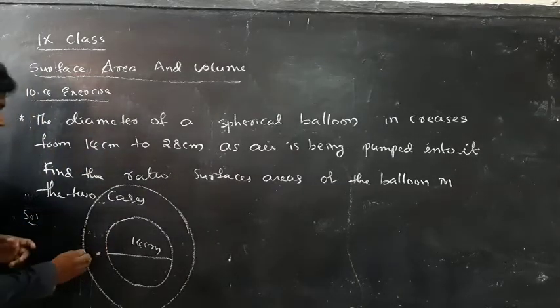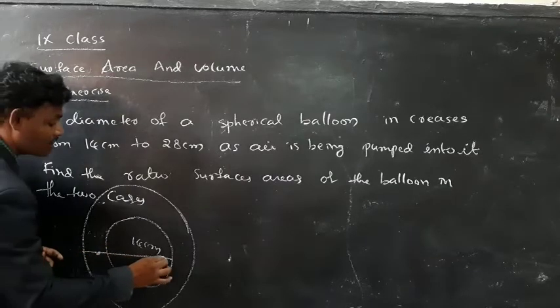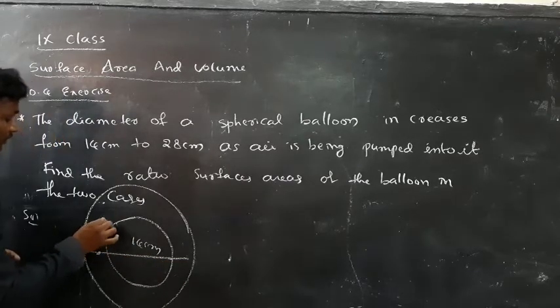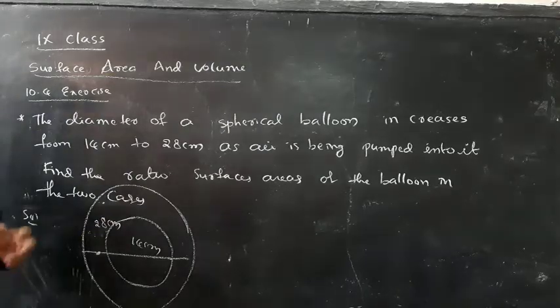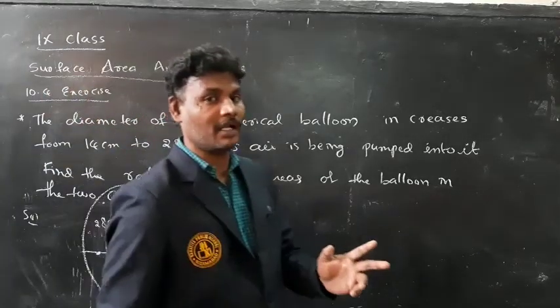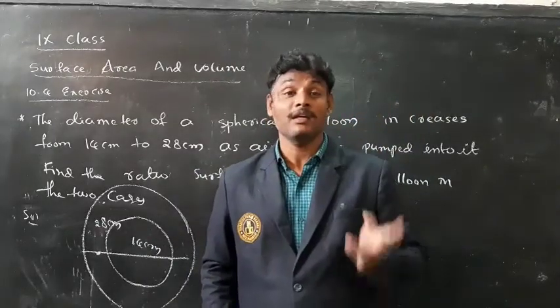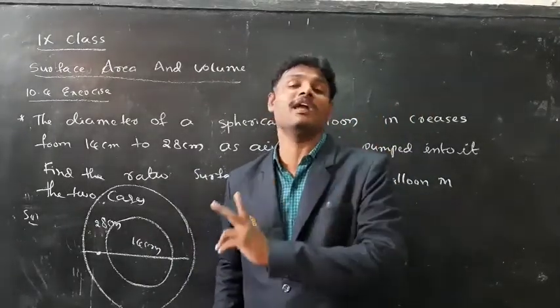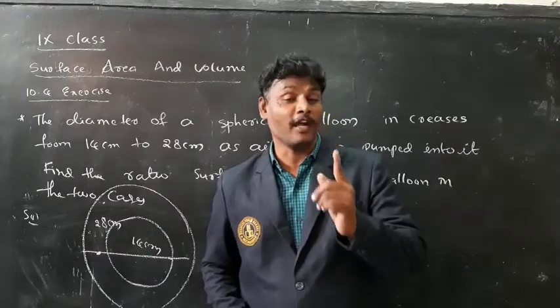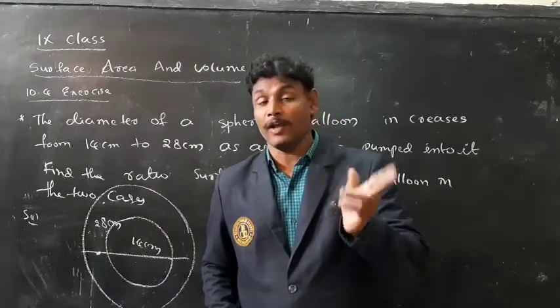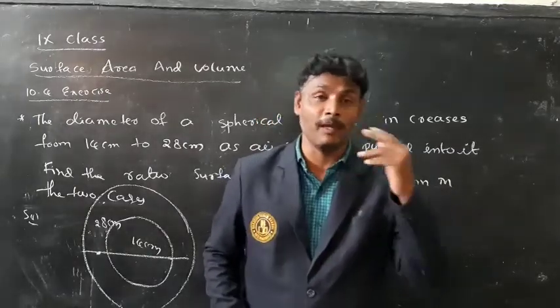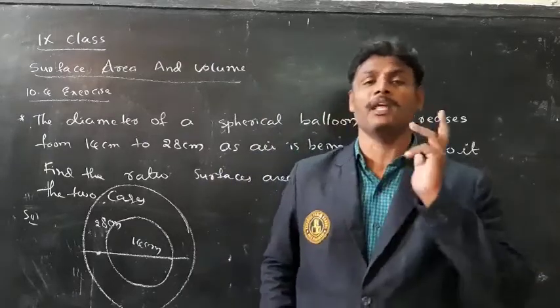So here the diameter is also increased to 28 centimeters. So before pumping the air, diameter of that spherical balloon is 14 centimeters. After pumping the air, diameter of the spherical ball is 28 centimeters. Now you have to find the ratio of the areas before pumping the air and also after pumping the air.